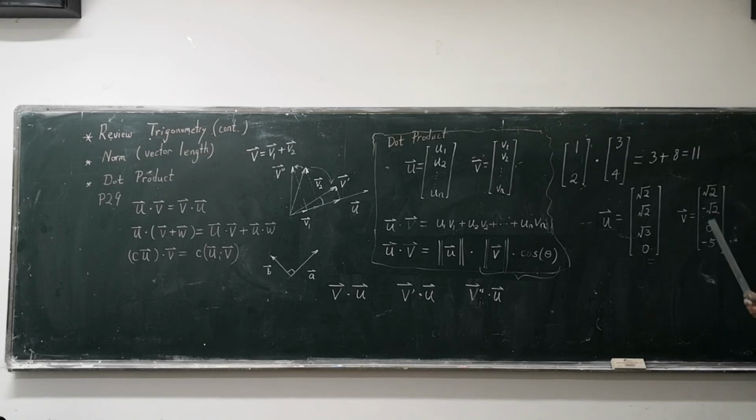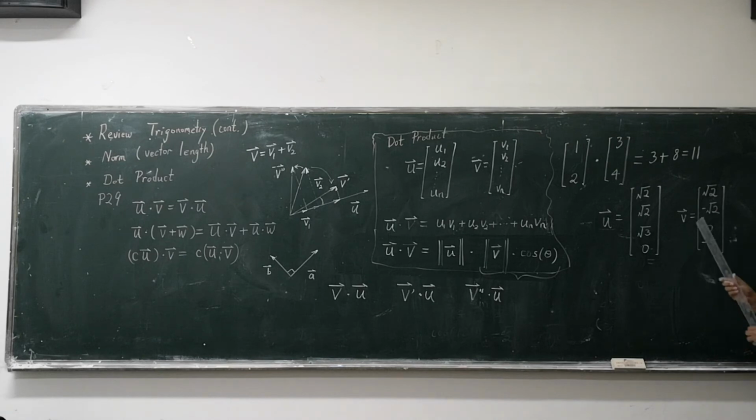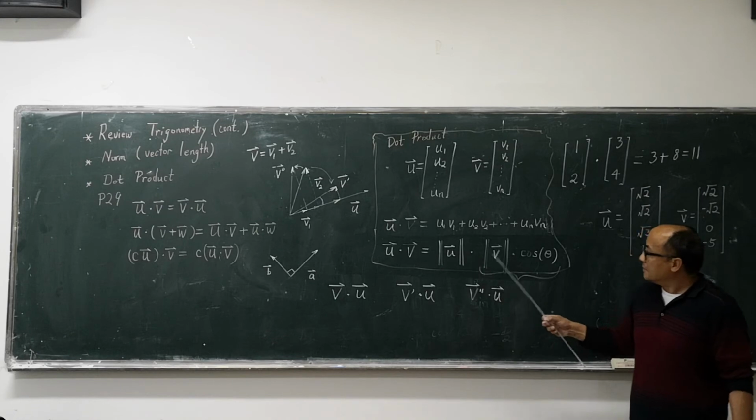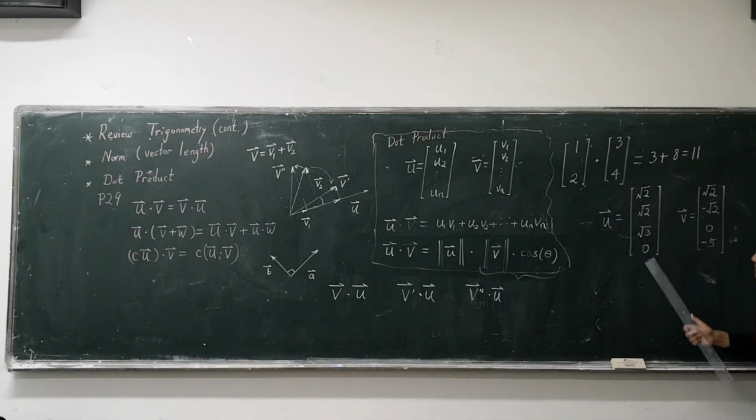So even though I do not know what this is in four dimensions, I cannot imagine four dimensions, okay? But I know this one and this one are vertical. It's proved, because the dot product is 0, even though the lengths are not 0.